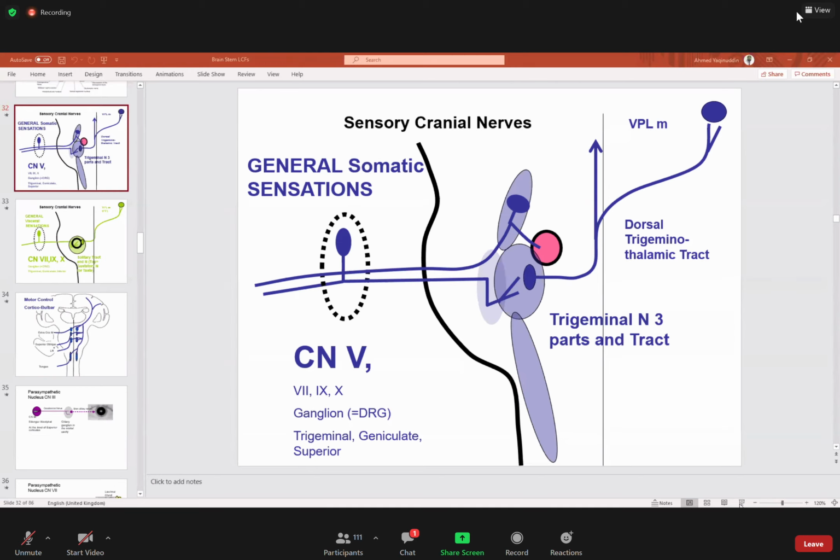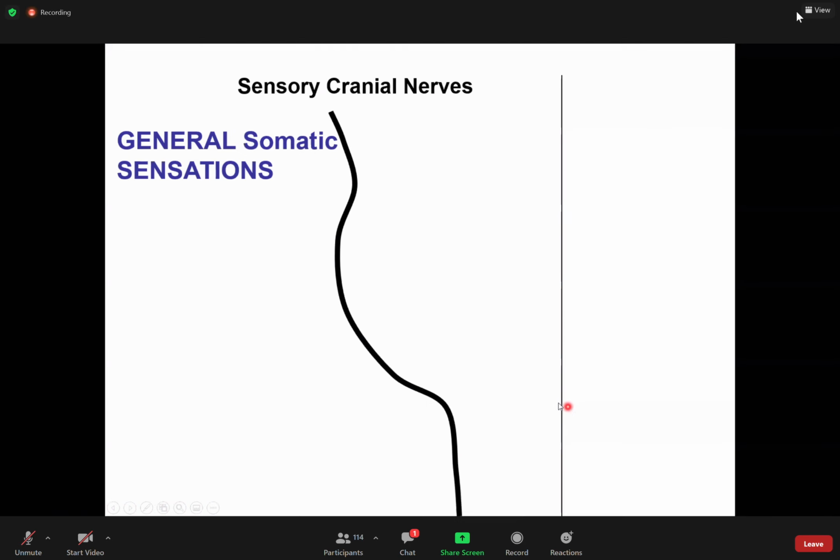So let me start with general somatic sensations from the head and neck. When we talk about general somatic sensations from the head and neck, we are talking about pain, temperature, touch, two-point discrimination, vibration.